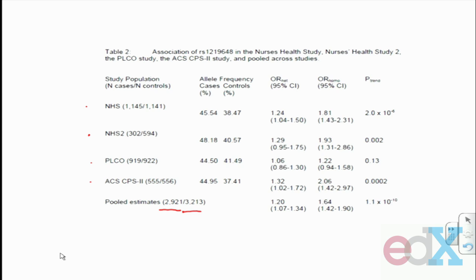So it turned out that of those 6 variants, 5 of them didn't replicate. 5 of them showed no evidence for association in this replication phase. And that's very typical of these large-scale studies where we go in without any specific hypothesis for specific variants.